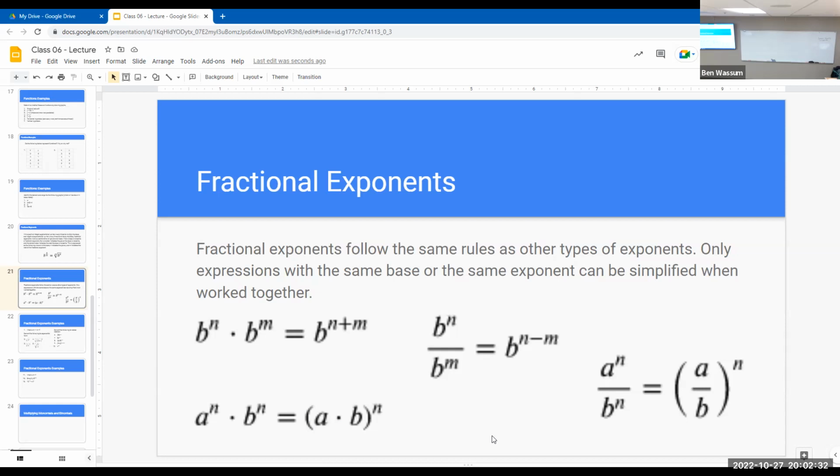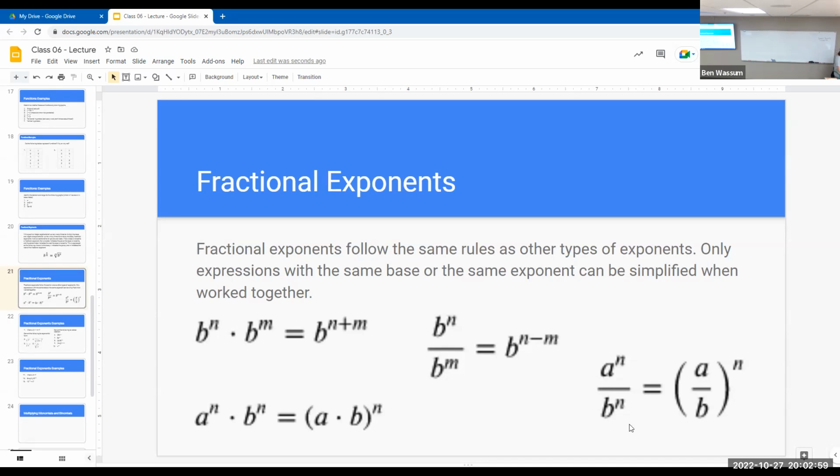So fractional exponents follow the exact same rules as every other type of exponent. Only expressions with the same base or the same exponent can be simplified when you're working together. Now, what do you mean by same exponent? Because same base, I've played with those a lot, right?